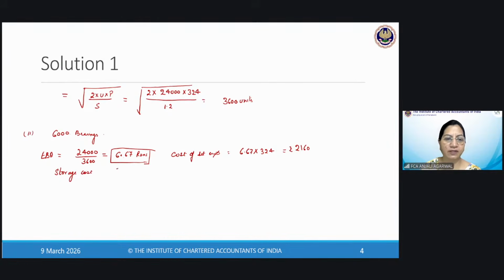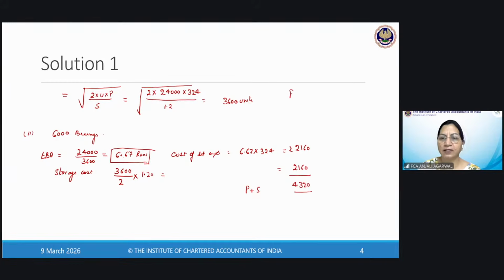If you are having 3,600 units, on an average you are going to hold 1,800 units. And the cost of holding 1 unit for 1 year is 1 rupee 20 paise. So 1,800 into 1.2 is again 2,160. So the total of your placing plus the storage cost comes out to be 4,320.